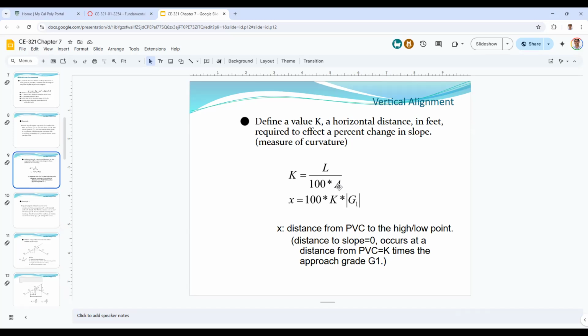But if you want to, I want you to plug in this formula with capital A value in feet per feet and G1 value also in feet per feet, so that these 100 correct the equation, right?